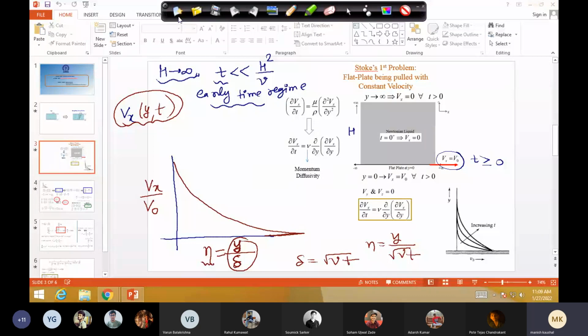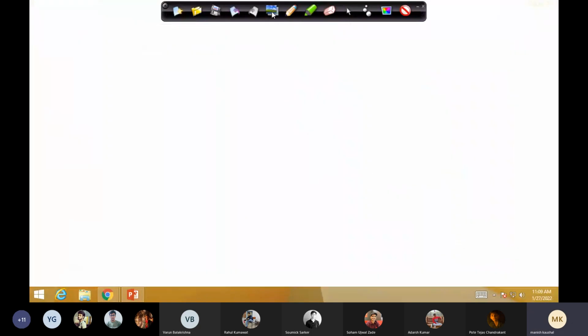So our governing equation for this problem is dou Vx by dou t equals kinematic viscosity times dou square Vx by dou y square. All other assumptions are there, and of course it's Newtonian, homogeneous, fully developed.